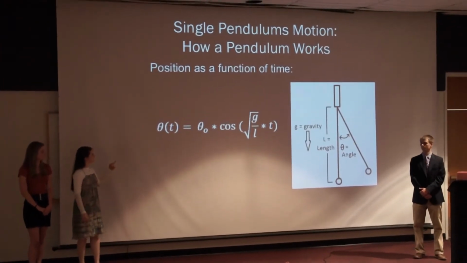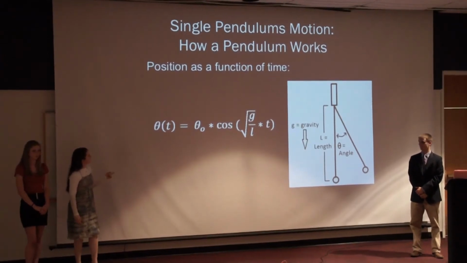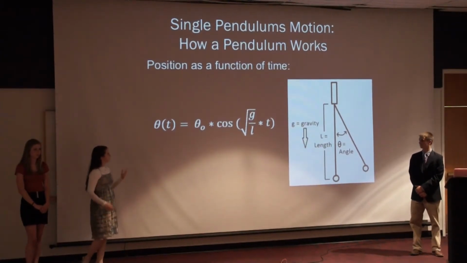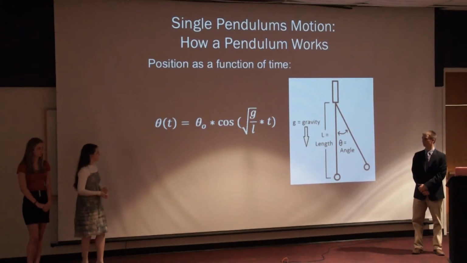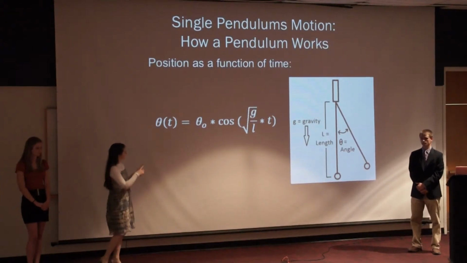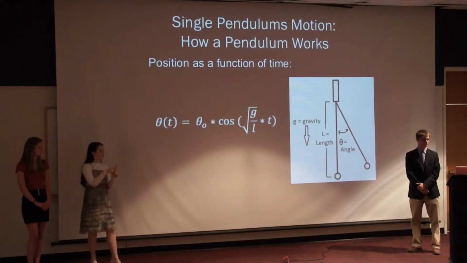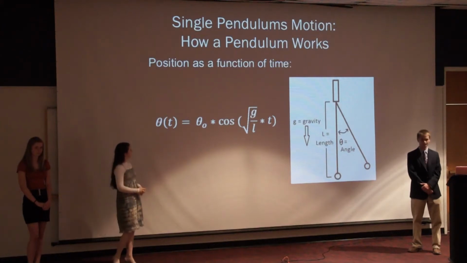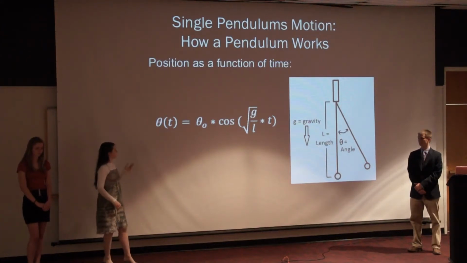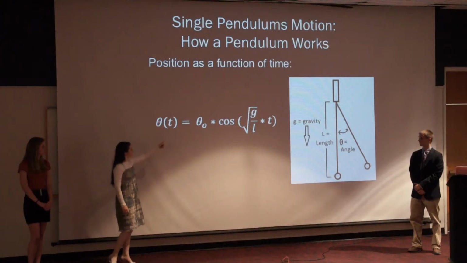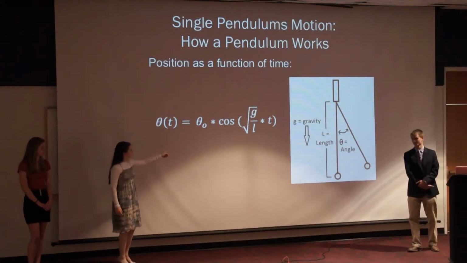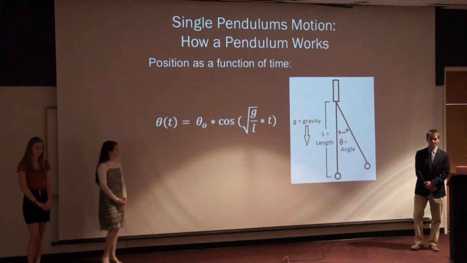And this is the equation which describes a pendulum's angle as a function of time. So pretty much an angle is how far away it is from the normal, and theta of t is the angle as a function of time, which is equal to theta naught, the initial angle, times cosine of root gravity over length times time.